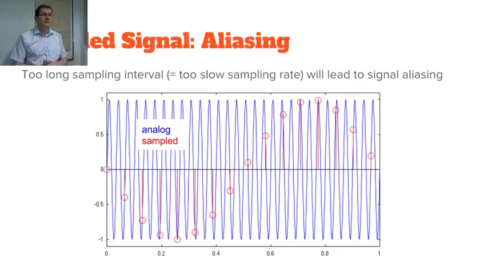Aliasing. Okay, you understand aliasing, right? We have the real analog signal, and if the sampling rate is too slow, you get that red, slowly varying signal there.